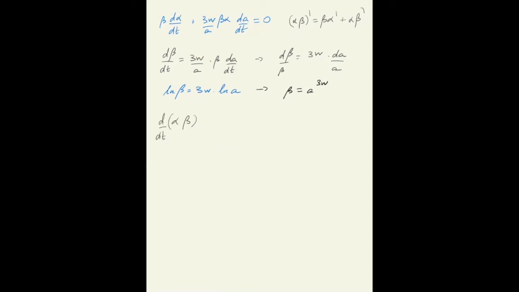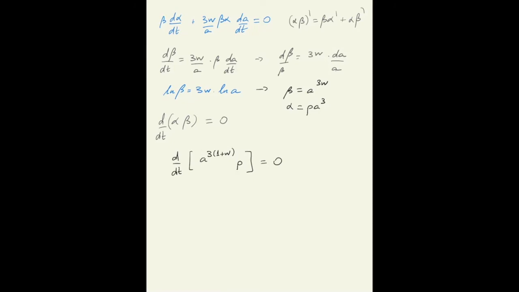That means that the time derivative of αβ is equal to 0. And given what we found for β, and again substituting α, this equation then means that the time derivative of the density times a to the power of 3(1+w) is equal to 0. So this quantity inside the derivative is conserved.